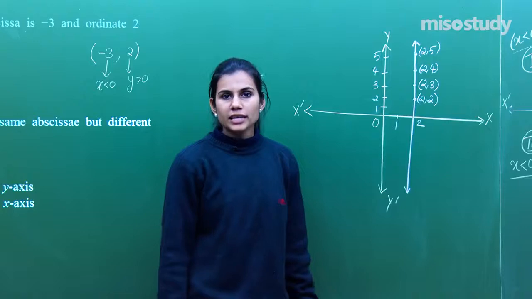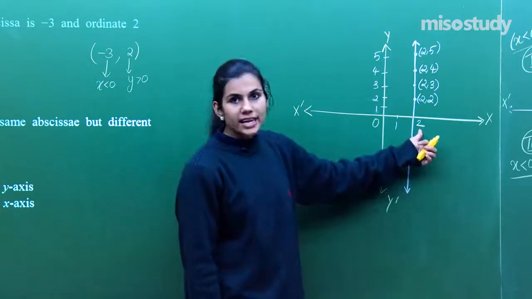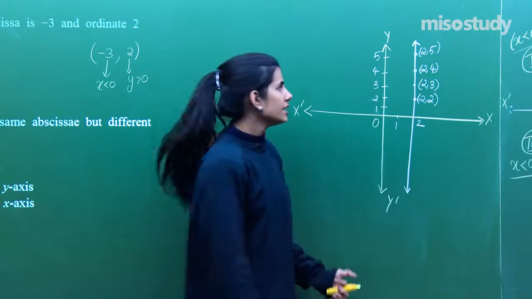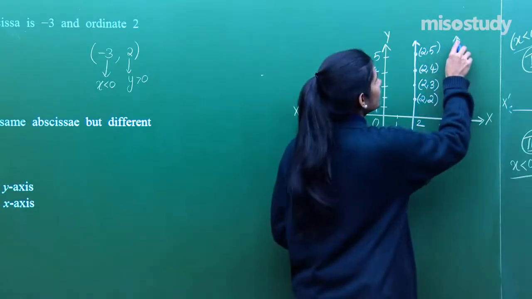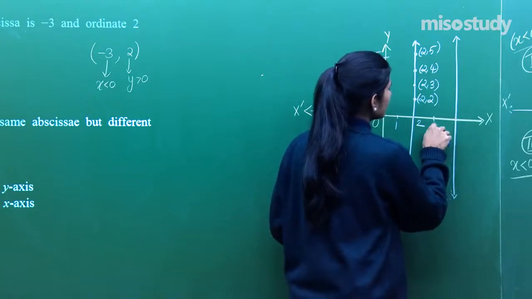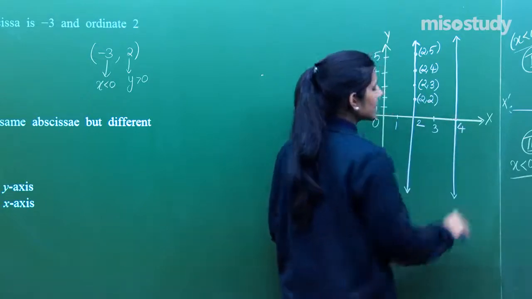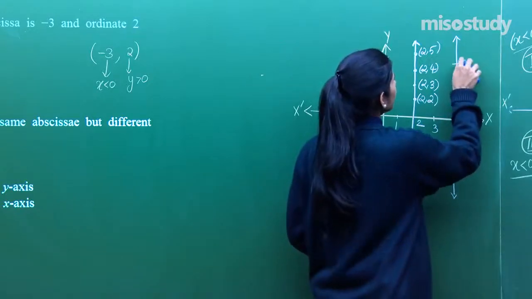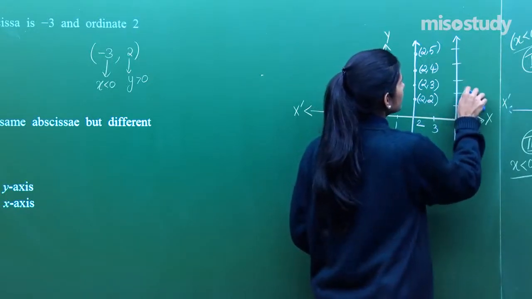And what is the value of that same abscissa? It is that point at which that parallel line is cutting the x-axis. Is it understood? If I draw a line parallel to the y-axis, say this is 3, this is 4, cutting the x-axis at 4, then any point you pick up on this line is going to have x coordinate as 4.